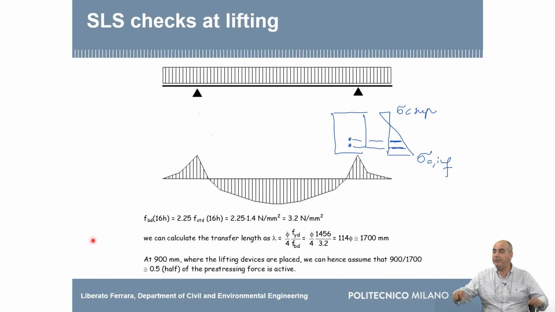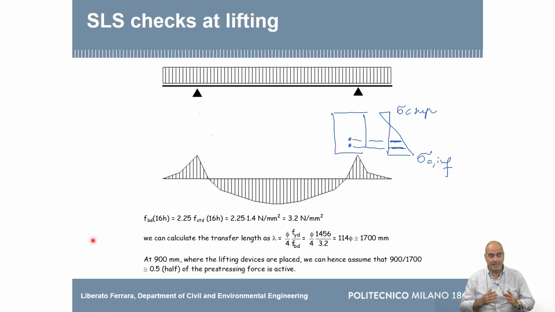Now we have to lift our element. And the first thing that we have to decide is, where do I position my lifting hooks? Well, this is also a matter of design, because there are two issues that we have to take into account.